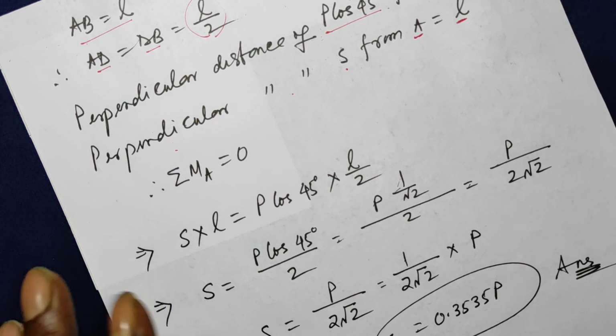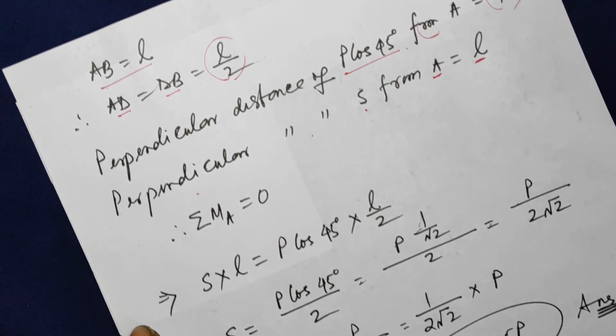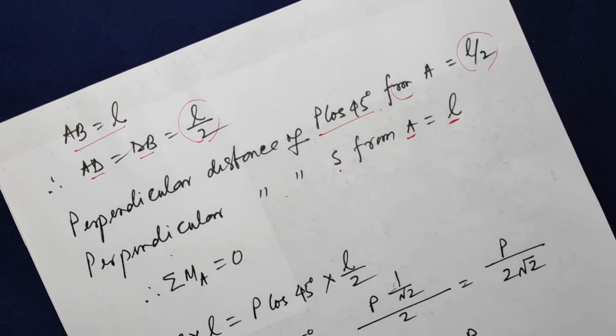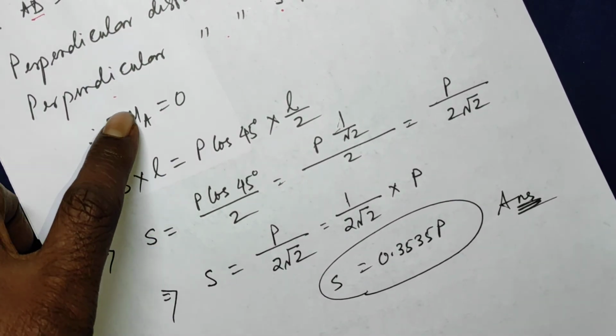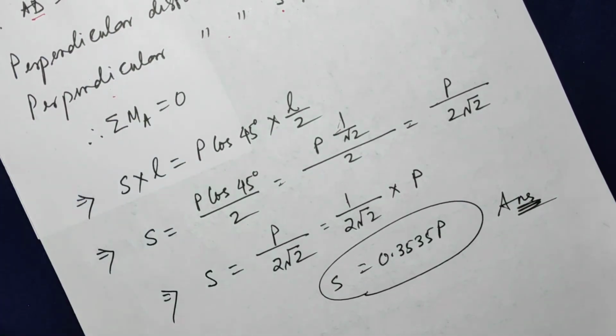If both are equal, then it will be in equilibrium. That is, the sum of the moments about point A is equal to 0.